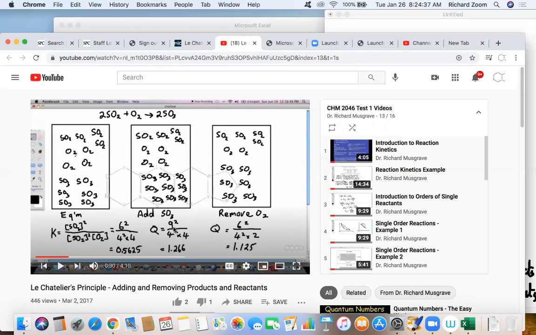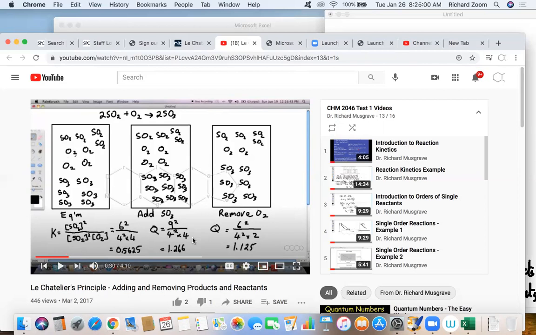I plug those in as 9 squared, and I come out with 1.266 for the value of Q. So I want you to remember what's going to happen if the value of Q is now greater than K. The reaction is going to have to move back towards the reactants so that Q becomes closer to K.